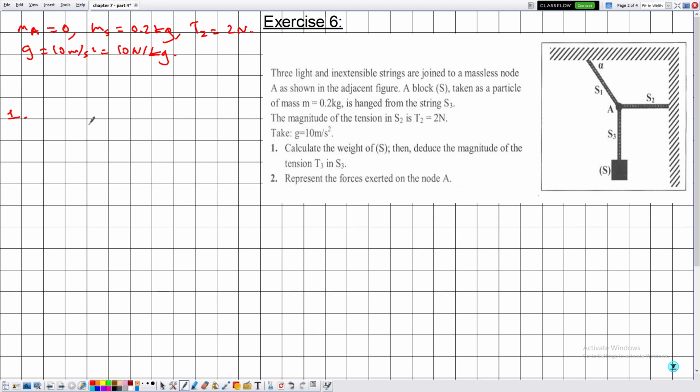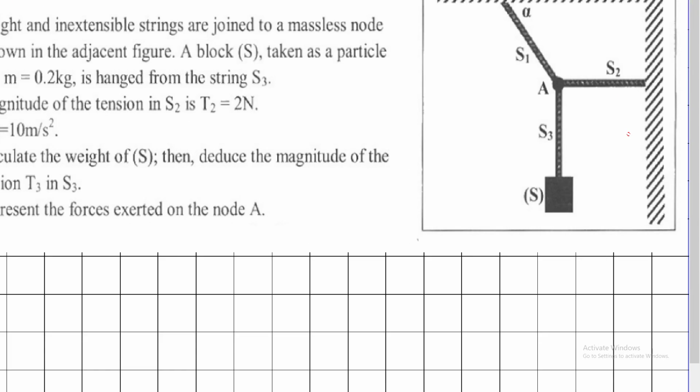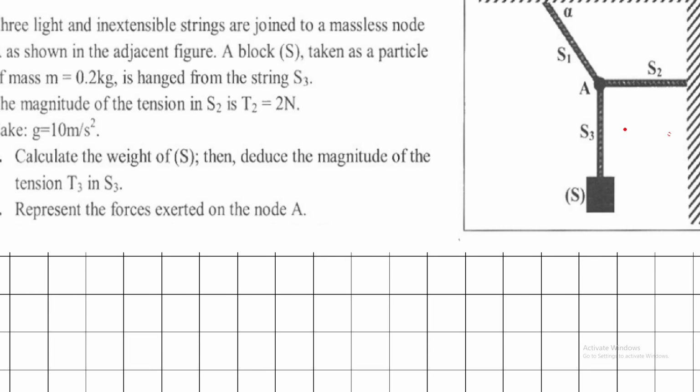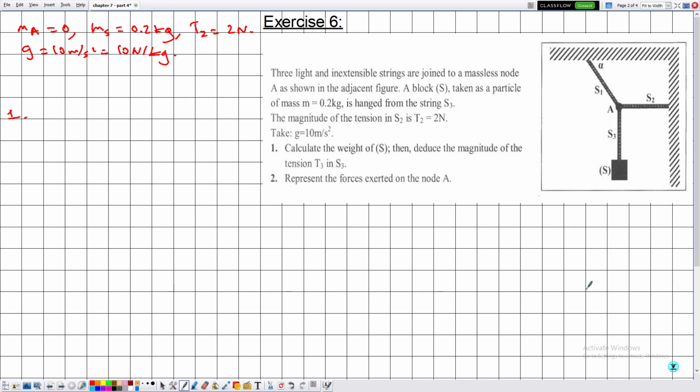Now number 1. Calculate the weight of S, then deduce the magnitude of the tension T3 in S3. So which means that we are dealing with Newton's second law because we are dealing with the magnitude of the forces. So let me write here on the scratch the different steps that we follow to deal with Newton's second law.